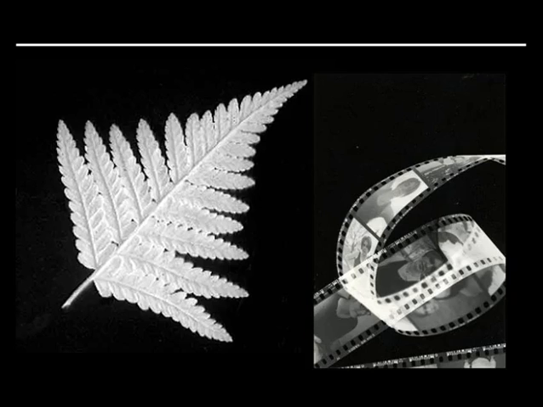Here we have an example of a couple different objects, such as film, and then we have the fern leaf. Here on the right-hand side, where we have the film, you guys haven't worked too much with film yet, but those of you who have seen it before know that negatives, or the film, once it's been developed, is the opposite. And so when the light projects through the film, you get that positive.